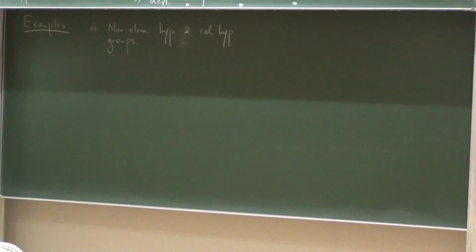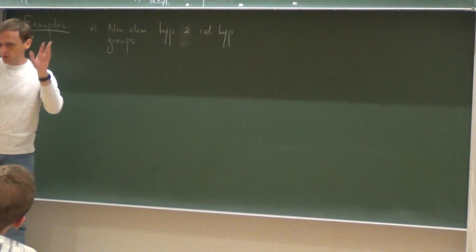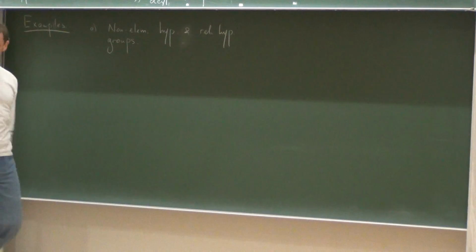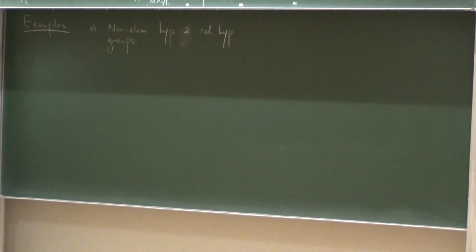So what does it mean to be non-elementary in this context? For hyperbolic groups, being non-elementary is just the same as being not virtually cyclic. For relatively hyperbolic groups, being non-elementary means that the group is not virtually cyclic, but that's not enough, because every group, well, it depends on the definition you use, but every group is normally considered to be hyperbolic with respect to itself. So you have to exclude this possibility as well.